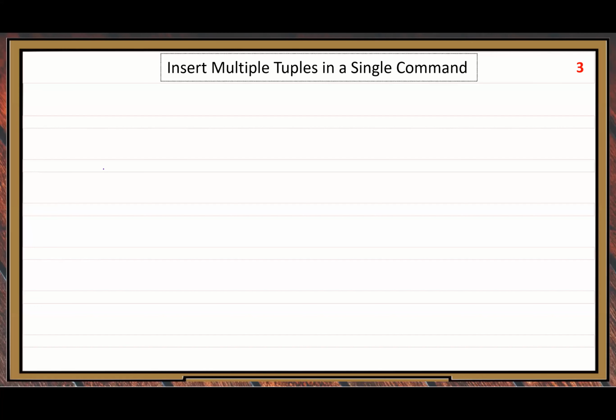In a single command. Here, we emphasize one command to do multiple row insertion. If multiple commands, then you do not need to do anything special. You just repeat the single command version again and again.